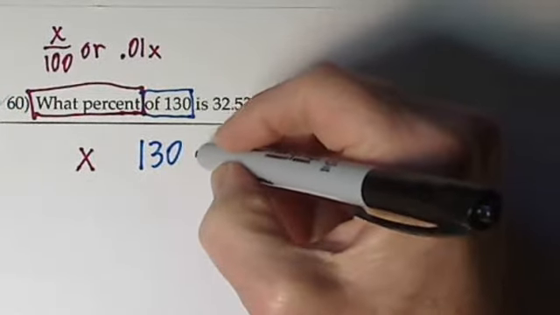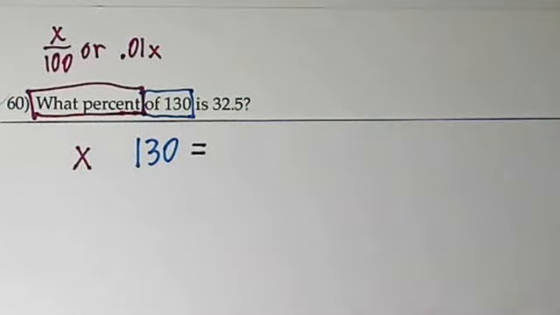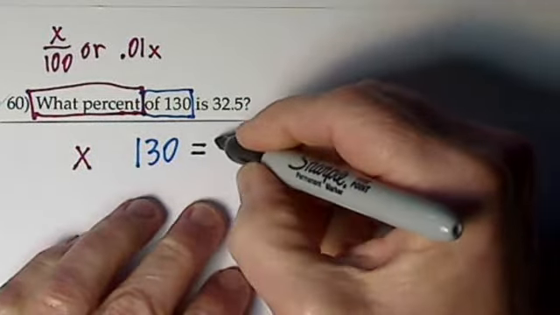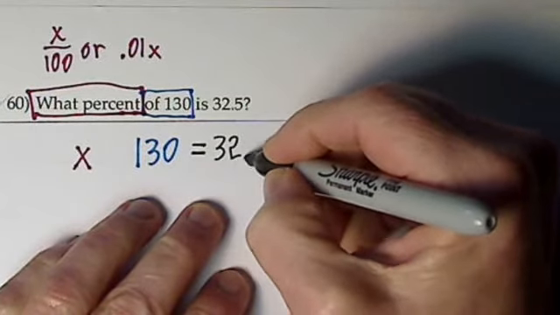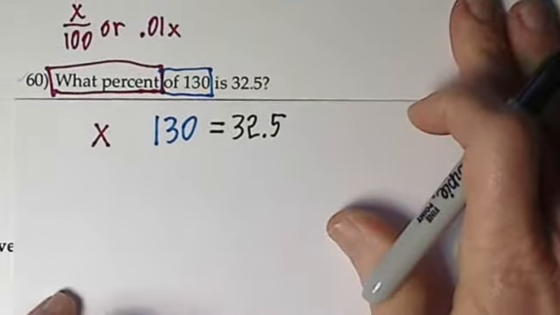Is, pretty dependably, means you have an equal sign. And then the 32.5 shouldn't be much mystery there. It just drops down. Okay, well now we solve for x.